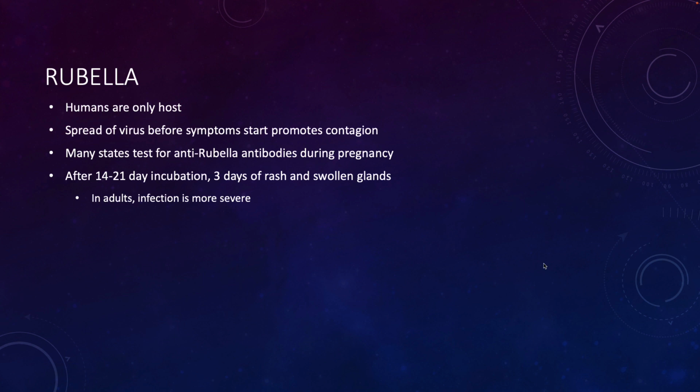And so it's really important, if you're a physician and a patient is planning to become pregnant or is in very early pregnancy, to test for those anti-rubella antibodies. For example, I am fully vaccinated against pretty much everything I can think of except for some of the tropical infections, because I don't travel much.